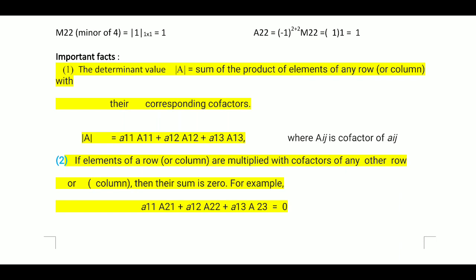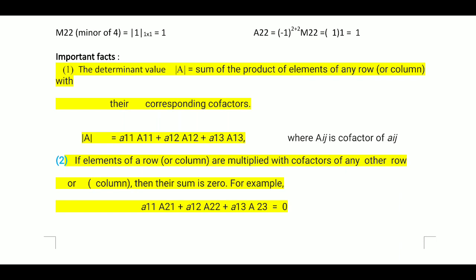Suppose a11 is the element, but A21 is the cofactor. It means we take a11, the first row first column element, and the cofactor is of the second row first column element.